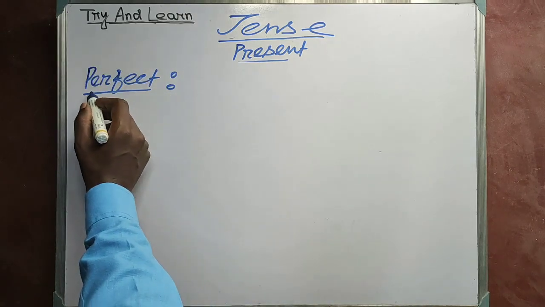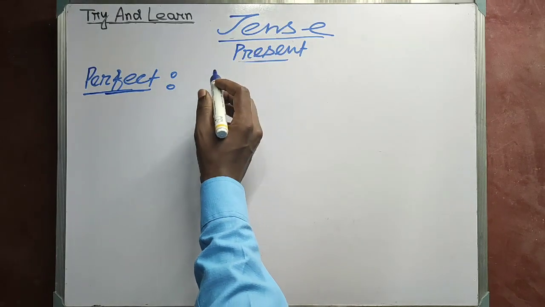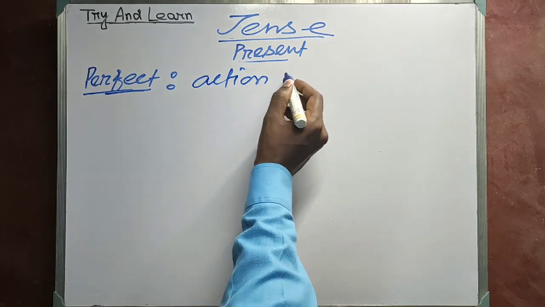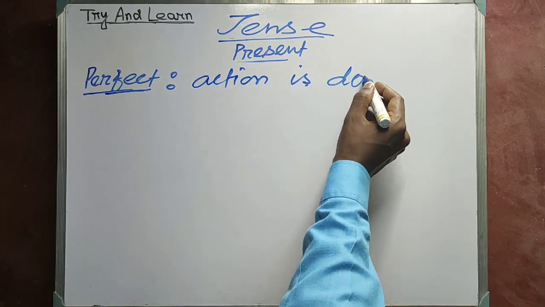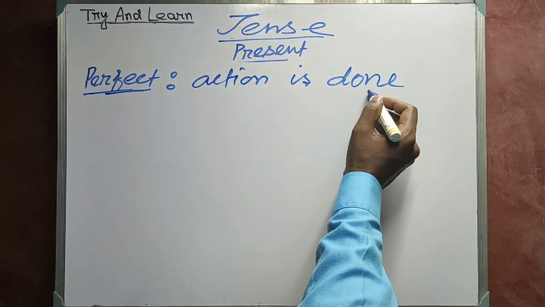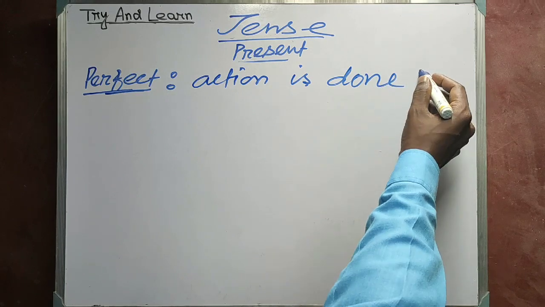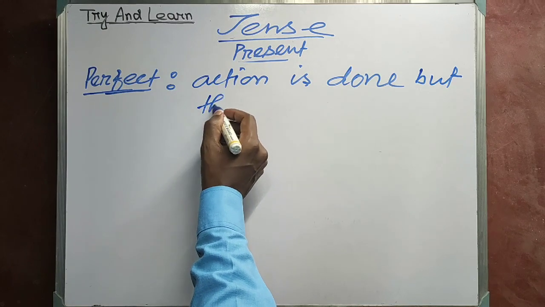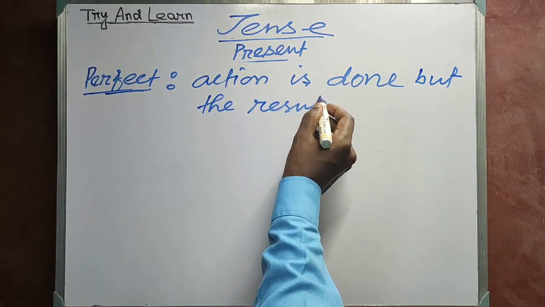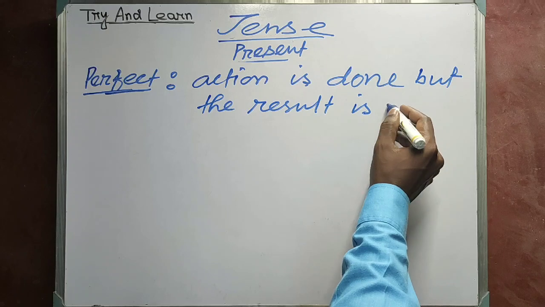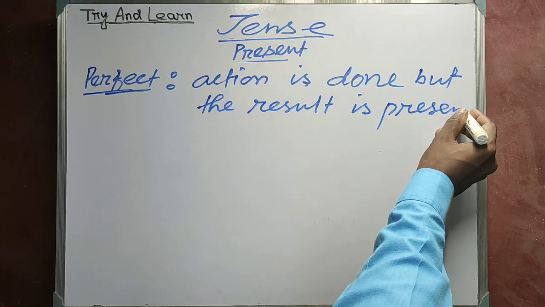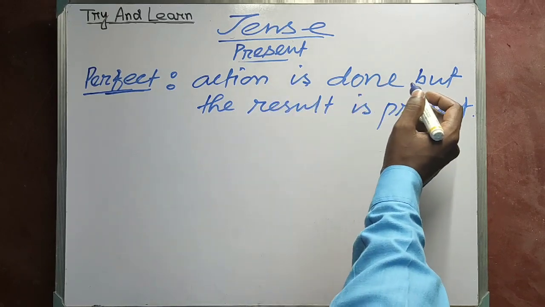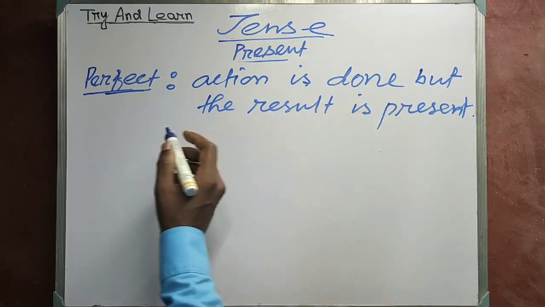The next kind is present perfect. Present perfect denotes an action is done or completed. Action is done. It indicates like past tense, but the difference is the result is present. The action is done, but the result is present.